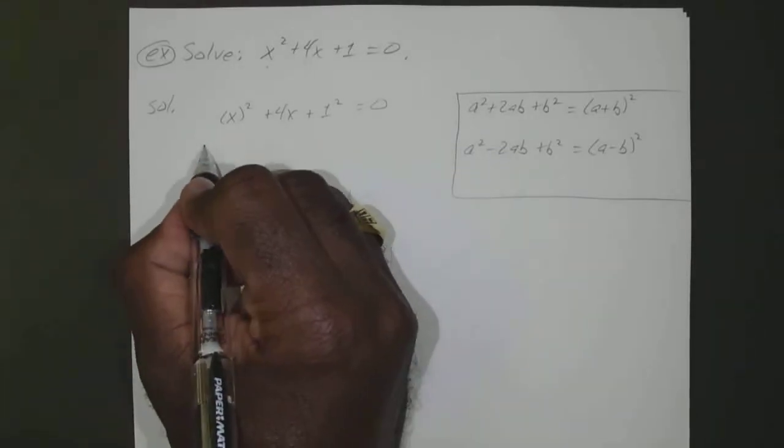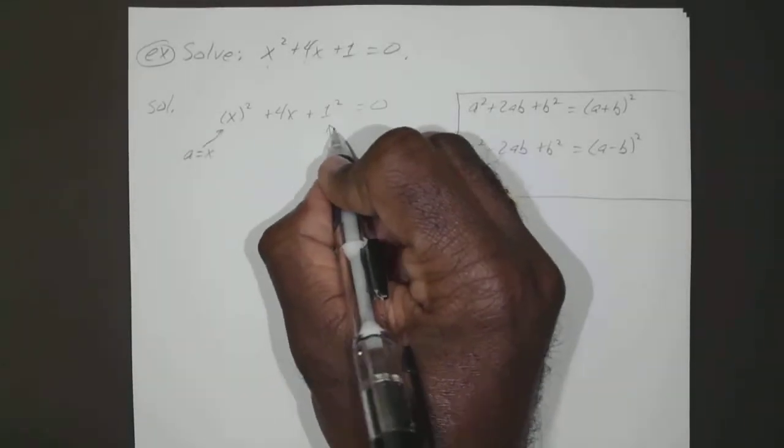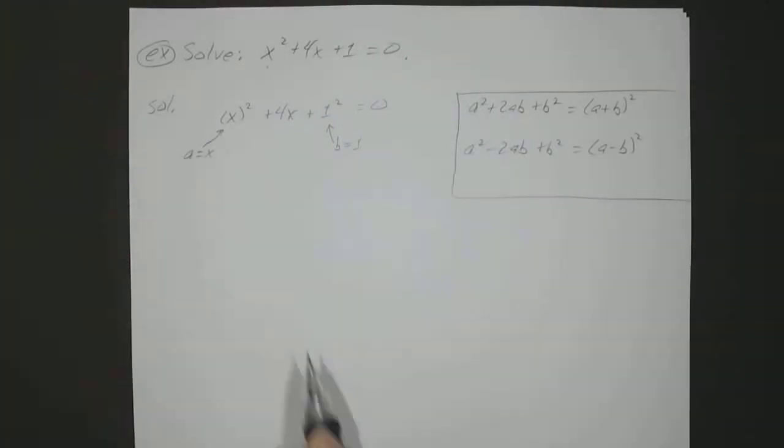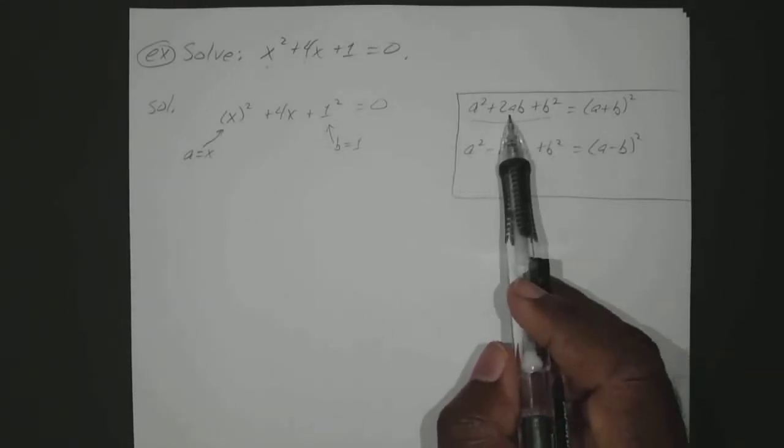So here, if we make our a equal to x and our b equal to 1, we have our a squared and our b squared. We're using the plus one up here.